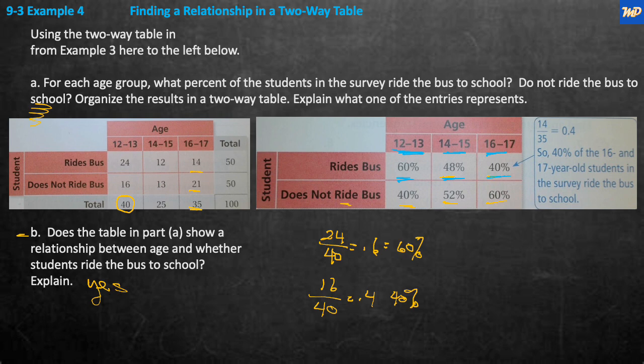So the first thing I can decide from here is that older students are not as likely to ride the bus.